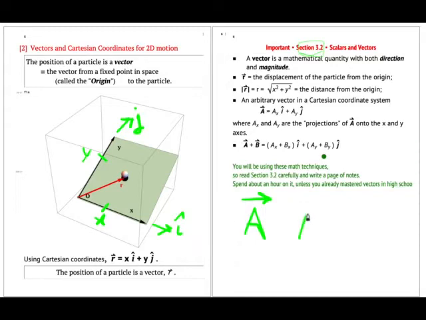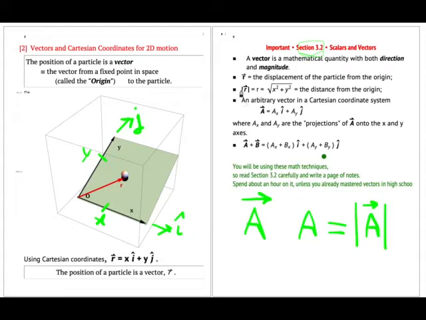If I write A, and there's also a vector, then A probably means the magnitude of the vector A. So here I have r with components x and y. R without the vector symbol just means the length of r, or the magnitude of r. It's the square root of x squared plus y squared.